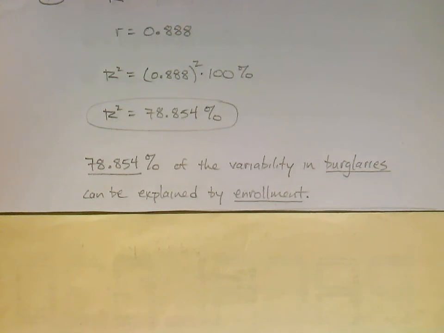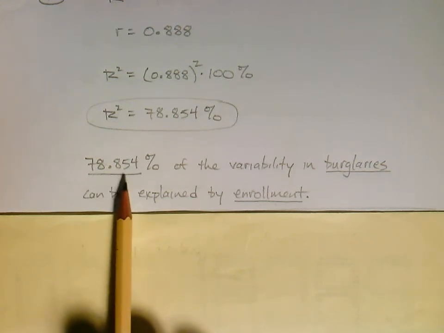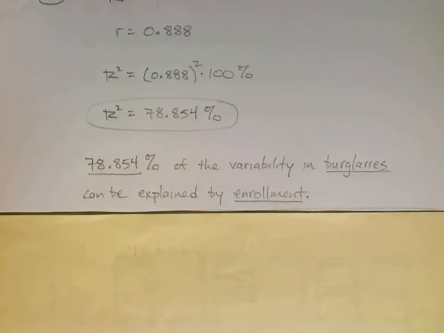Which kind of causes you to think, well, then what would make up the other 21 point something percent? And you think, well, if we're talking about burglaries, what other factors are involved? What is the campus security like? What's the nature of the students who go here, right?